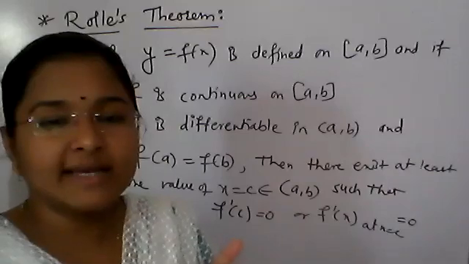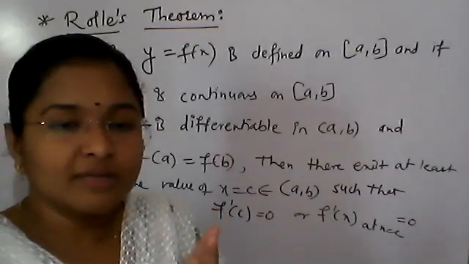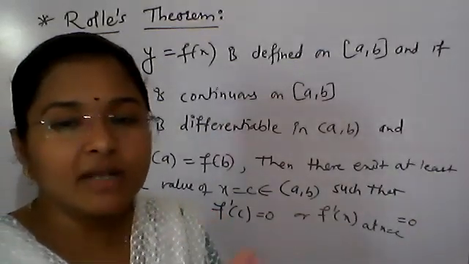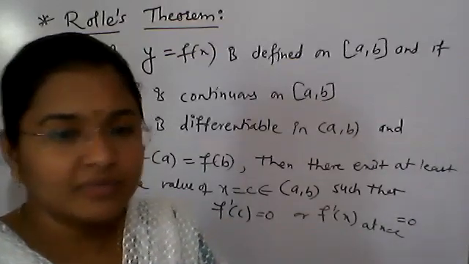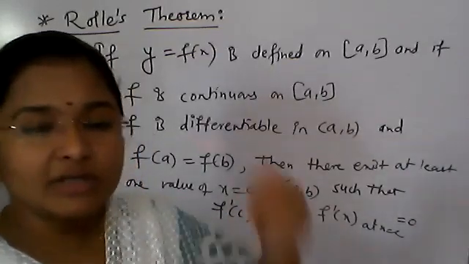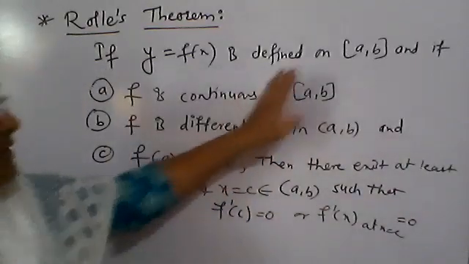Then second, the function is differentiable in the open interval ab. These two conditions we have to check. Now the third important one, we know the interval a comma b.